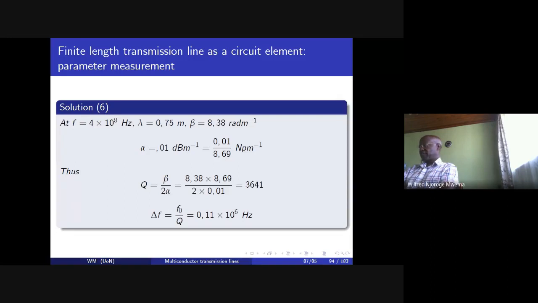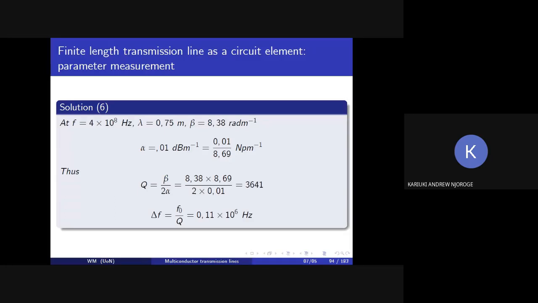Do you have a value? 0.75 times 10 to the negative 4.